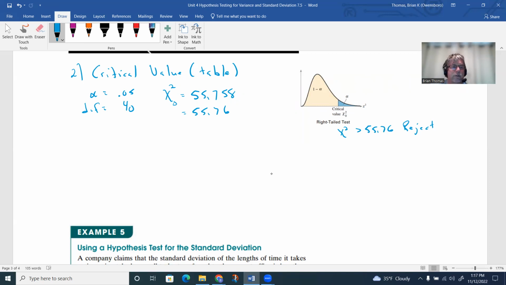The next thing is to find the test statistic. What we use here is the formula. To find the test statistic, chi-squared, we have the degrees of freedom, which is n minus 1, times the variance of the sample, divided by the variance that was given to us from the hypothesis.